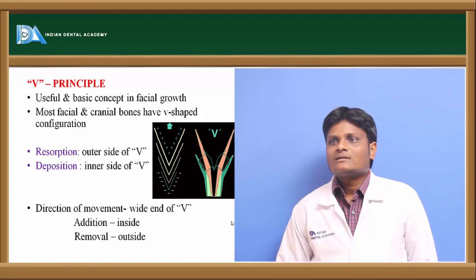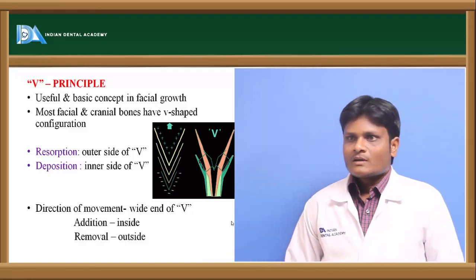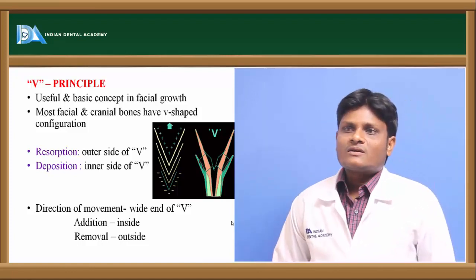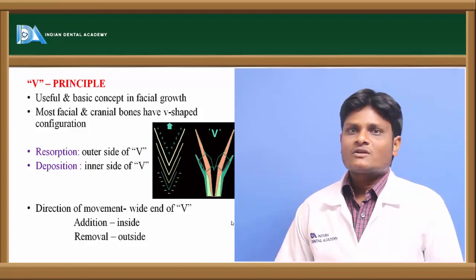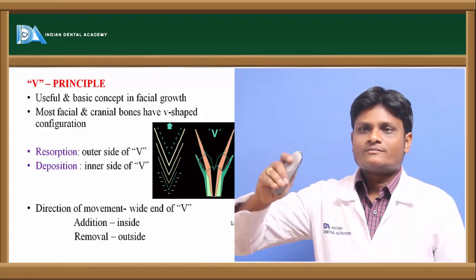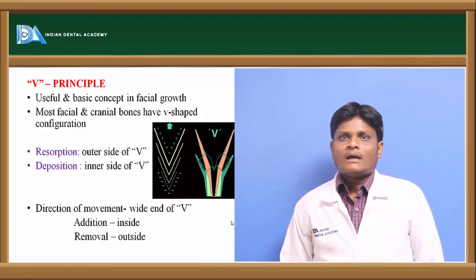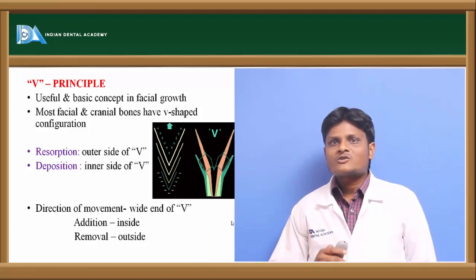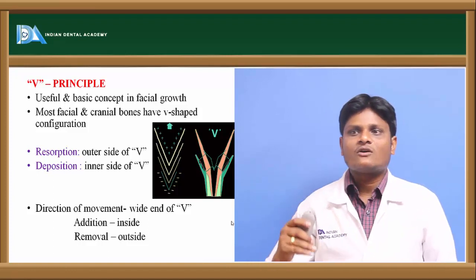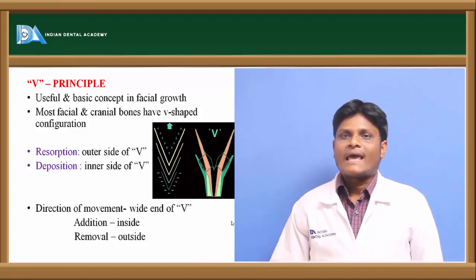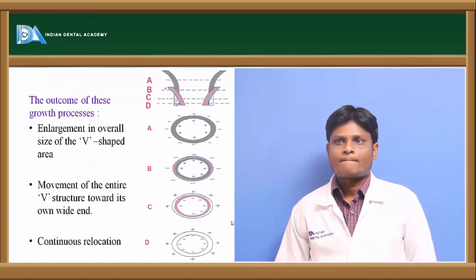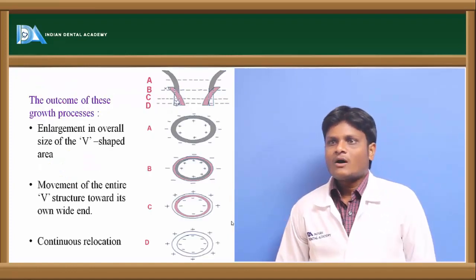If you look at the image here, resorption occurs on the inner side of the V and deposition occurs on the outer side of the V, and the growth movement occurs towards the wide end of the V. This is Enlow's expanding V principle. This is how it occurs.